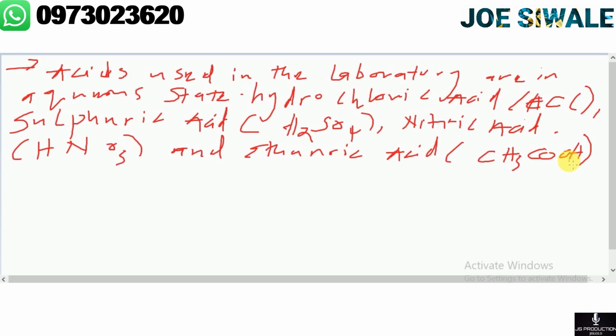When an acid dissolves in water, it ionizes to form a positively charged hydrogen ion and a negatively charged ion.